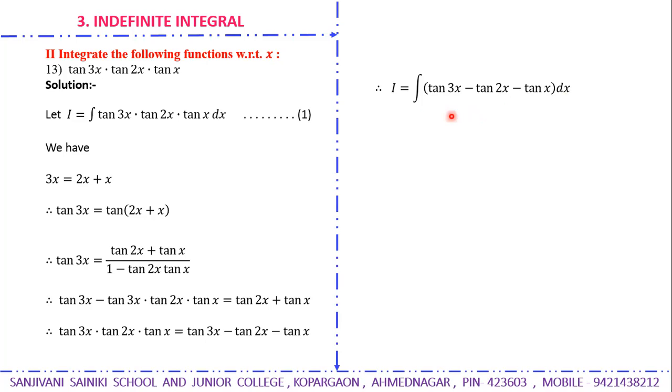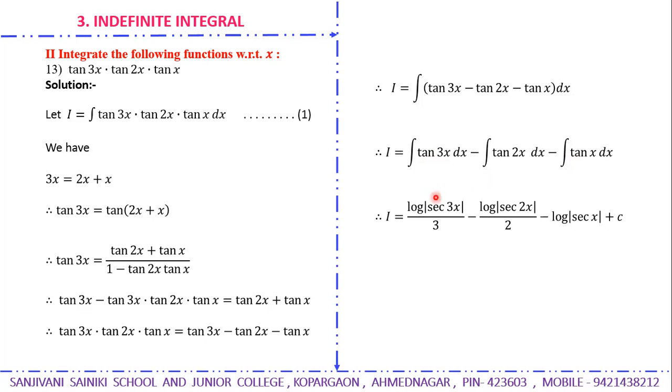Taking the integral of each term, you get log of sec 3x upon 3 minus log of sec 2x upon 2 minus log of sec x. This is the integration of the given function. Or I can write it as 1 upon 3 log of modulus of sec 3x minus 1 upon 2 log of modulus of sec 2x minus log of modulus of sec x plus c.